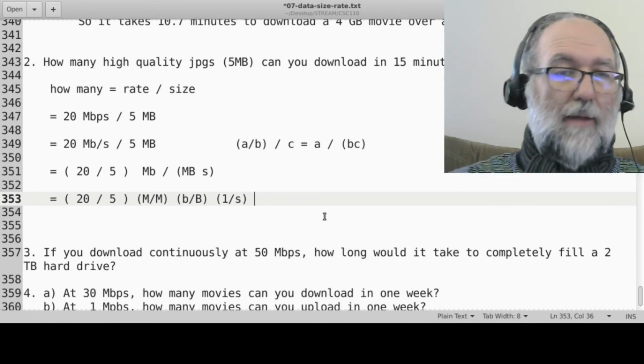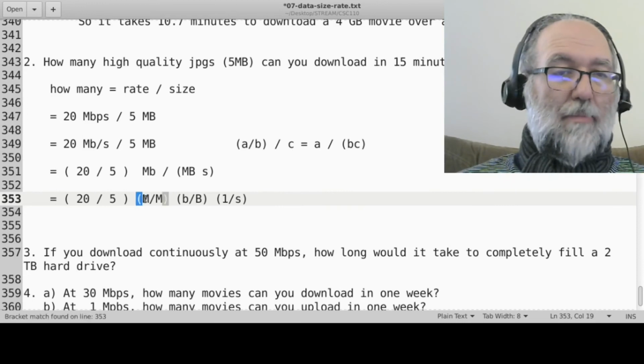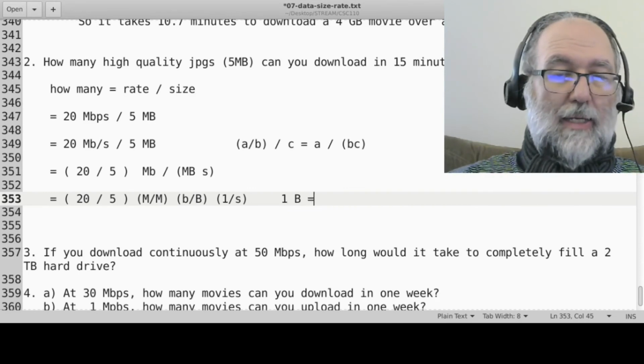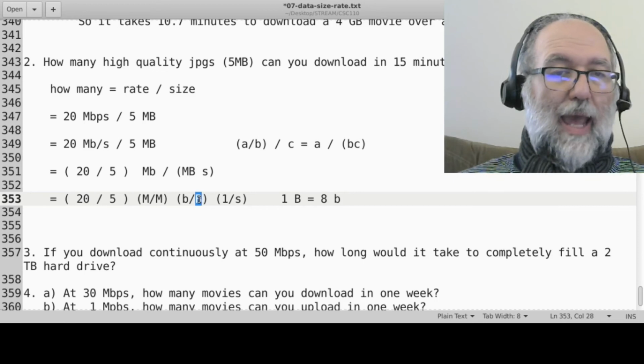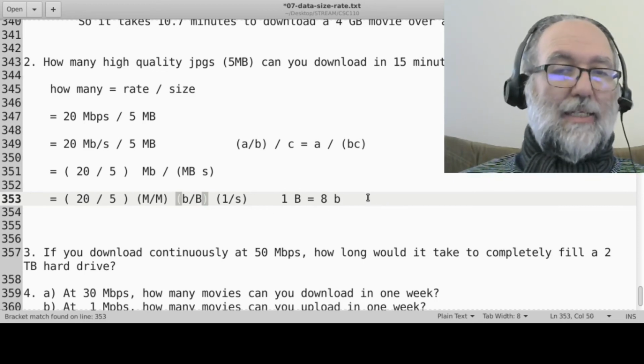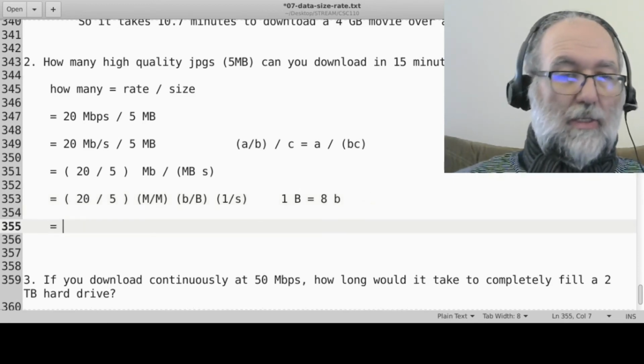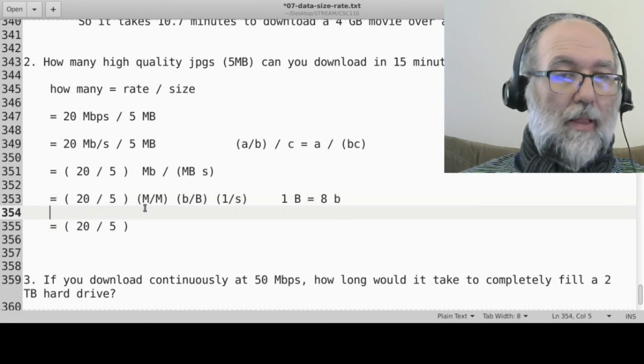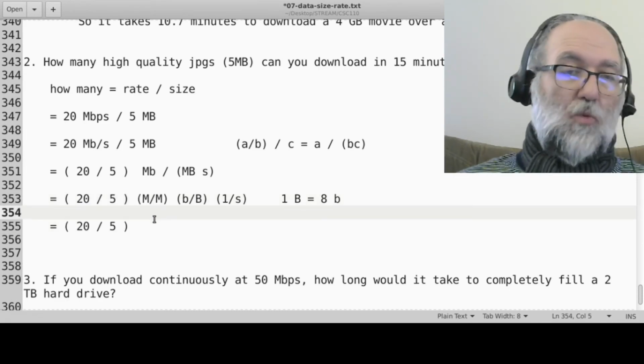But let's simplify this. Well, the mega divided by the mega, that's easy. That's just 1. But what's the bits divided by bytes? Well, remember that 1 byte is 8 bits, okay? And so the byte here, the capital B, I'm just going to replace it with 8 bits. So this is equal to, leave that alone, the mega divided by mega, that's 1.